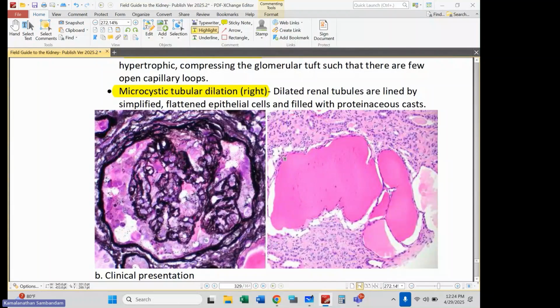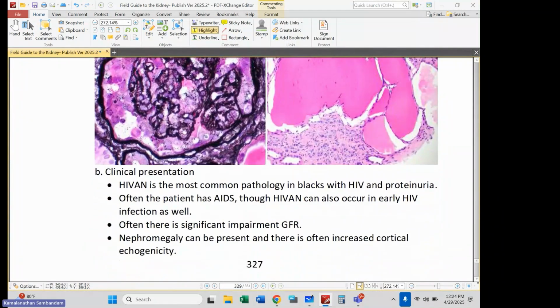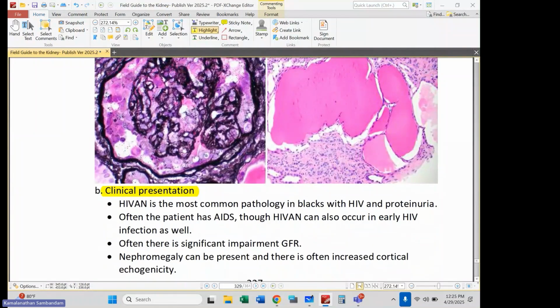And so that manifests itself by enlarged tubular structures that often have these proteinaceous casts that are present throughout. And then again, you often have a pretty intense interstitial infiltrate. So again, let me say one last time, collapsing glomerulopathy is also a tubulointerstitial disease.